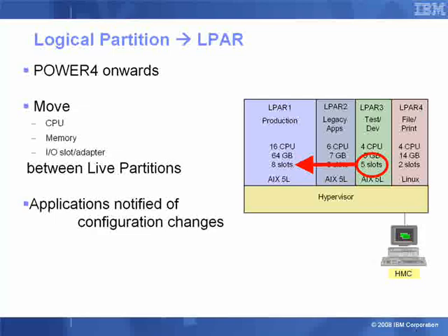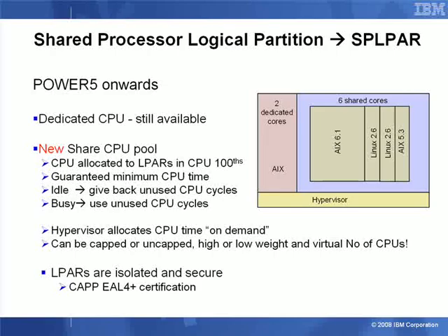We can still use CPUs in a dedicated mode inside logical partitions, but we have a new shared processor pool feature. Here we can allocate processor time for a logical partition, but in fractions of a CPU. When we allocate this time, it is a guaranteed entitlement of that logical partition, and nothing that the other logical partitions can do can stop them getting that entitlement.